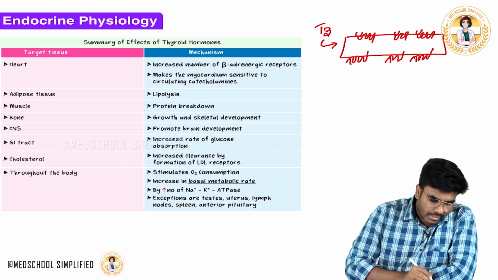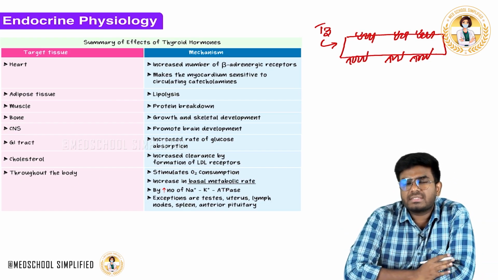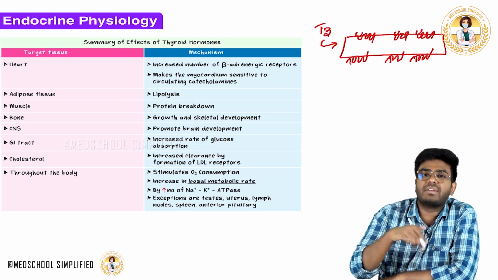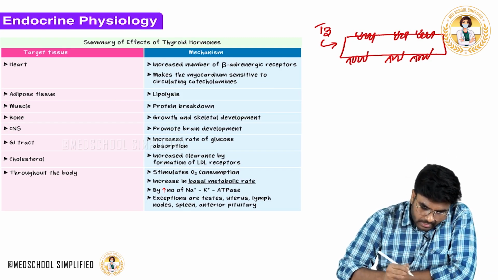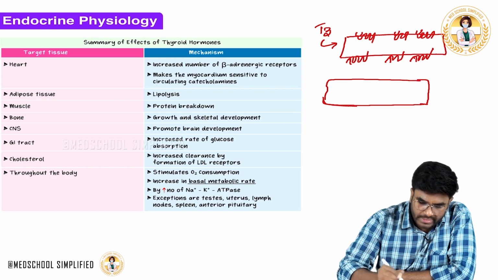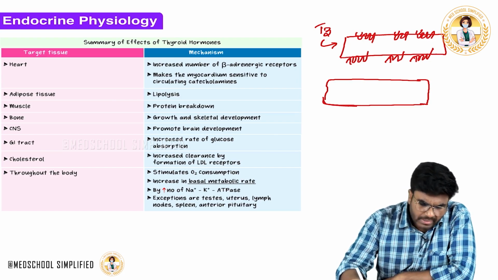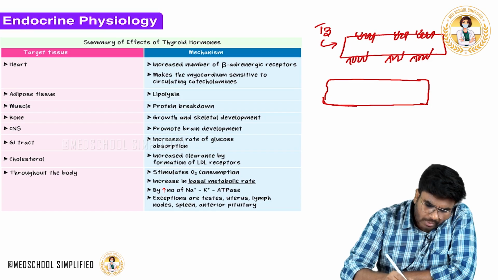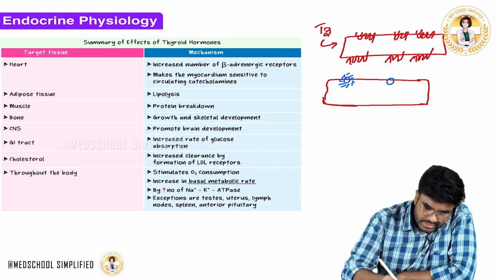Okay, good. Now, throughout the body, what are these thyroid hormones doing? Out of all this, this is my favorite thing. Now, please try to understand. See here, this is one cell. You can take it as any cell. See, normally on this cell, there is one important pump present. If I am calling it a pump, you should understand that it uses energy.